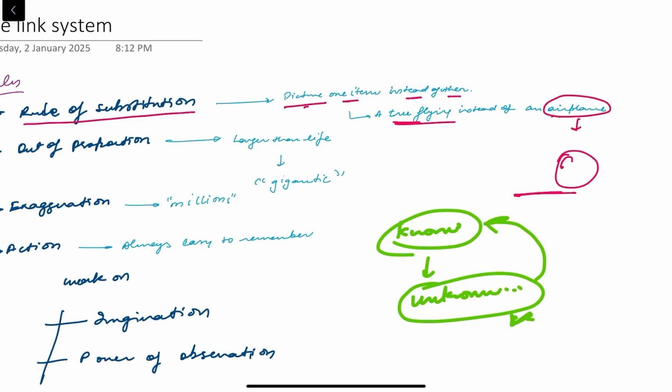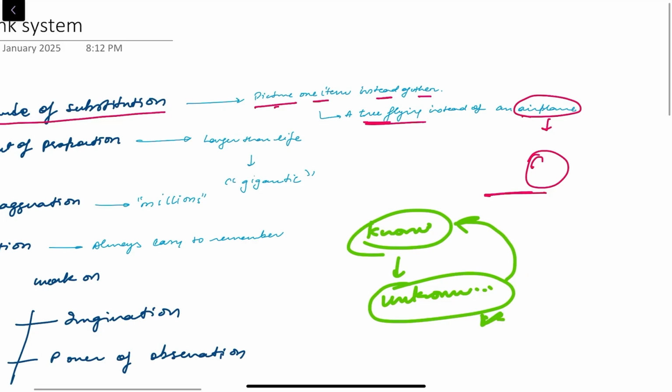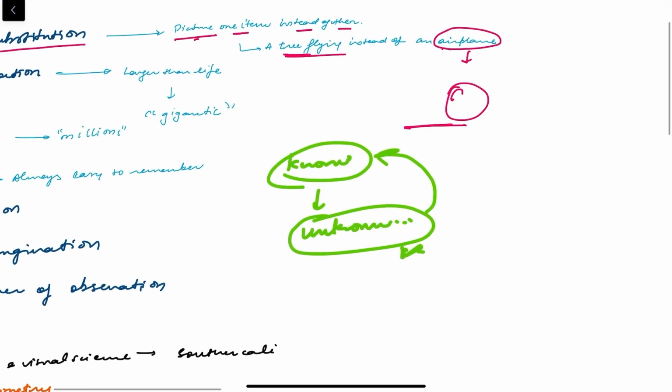Now, in order to make it more visually appealing, here is one cool hack, if you don't already know about it. You go to your WhatsApp, and on WhatsApp you would see this symbol of Meta AI. It will be blue colored, not the same as the one that I drew over here, but somewhat like this.